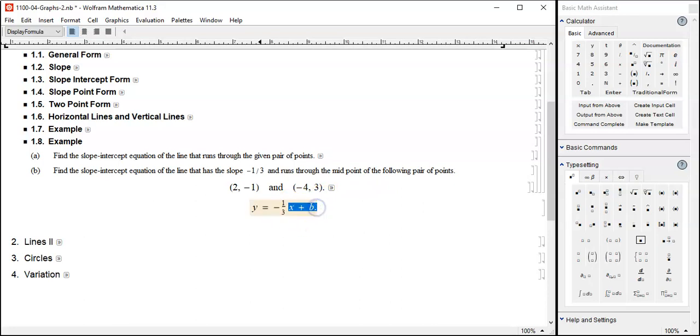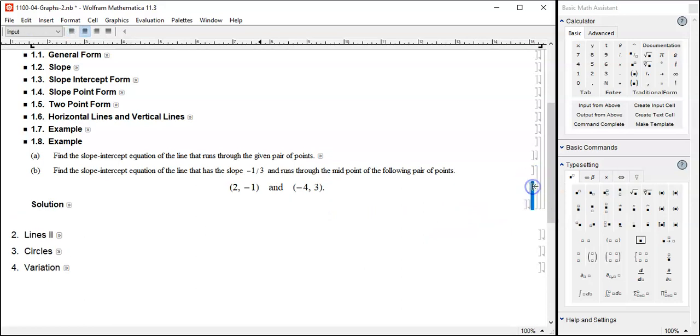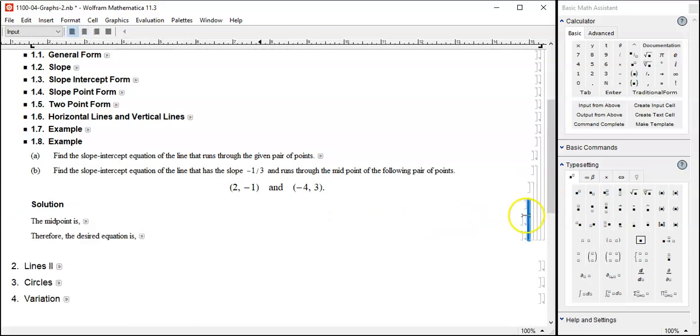Or you can use slope-point equation and find out x0 and y0. How do you find x0, y0? It's a midpoint of those two, so you can find out the midpoint using the midpoint formula.